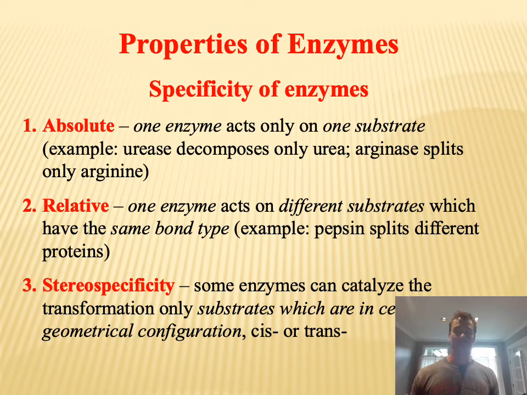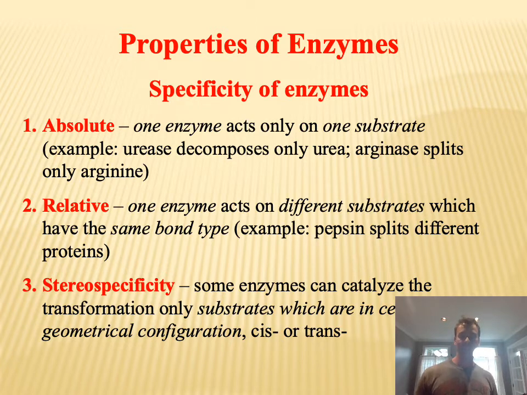For example, arginase only can act on arginine. Relative specificity is when one enzyme can act on different substrates that have the same type of bond. For example, pepsin is a protease that cleaves different sites in the protein, but they have the same bond types and similar substrate moieties.